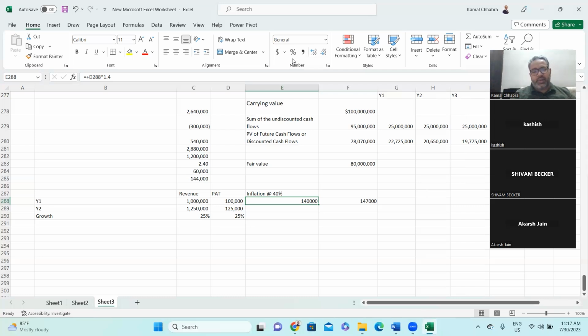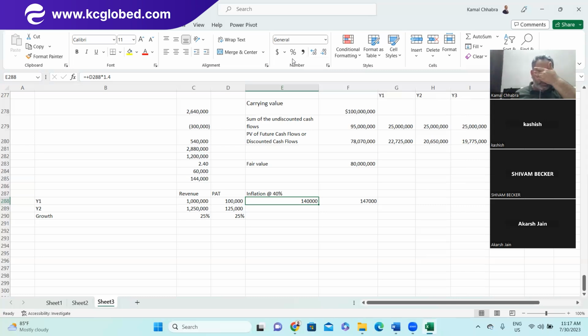In that scenario, we changed the functional currency from naira to dollar, because the dollar is a more stable currency, and most of the transactions, more than 50% of the purchases, more than 50% of the compensation, more than 50% of the expenses, more than 50% of the sales must be in dollars. Only then can you change the functional currency.